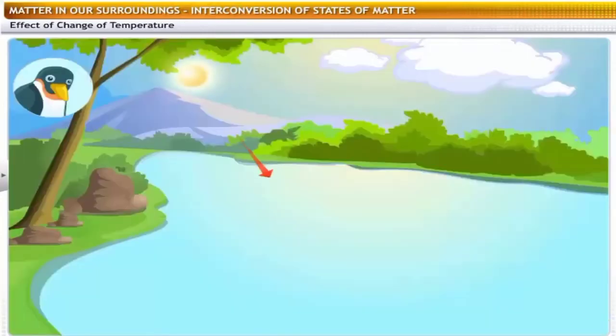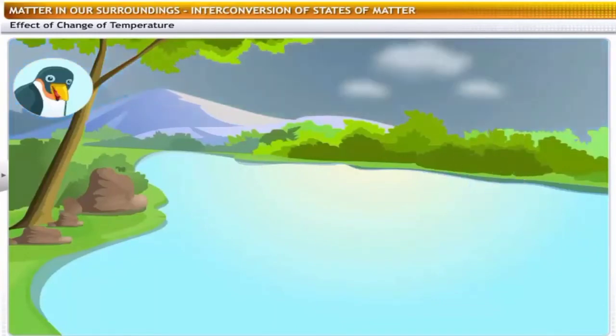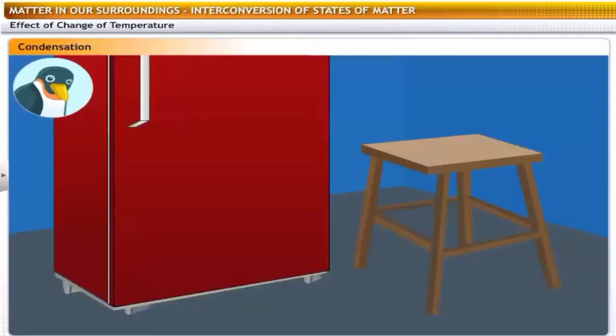You know that water evaporates, but what happens after evaporation? The water vapor condenses and we receive the same water in the form of rain. Yes, let's study this phenomenon with an example, which is very common in our everyday life.